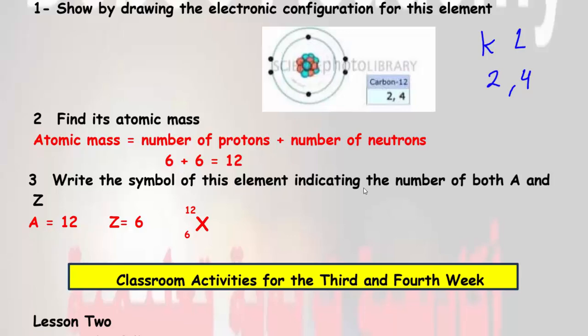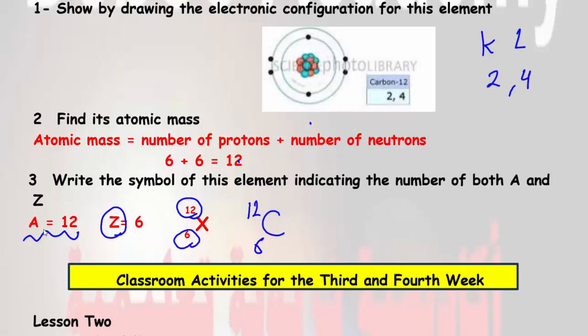Write the symbol of this element indicating both A and Z. A, my dear student, is the mass number equal to 12, and Z is the atomic number equal to 6. Here, the mass number goes above the symbol and Z, the atomic number, below the symbol. It will be carbon, 6, 12.